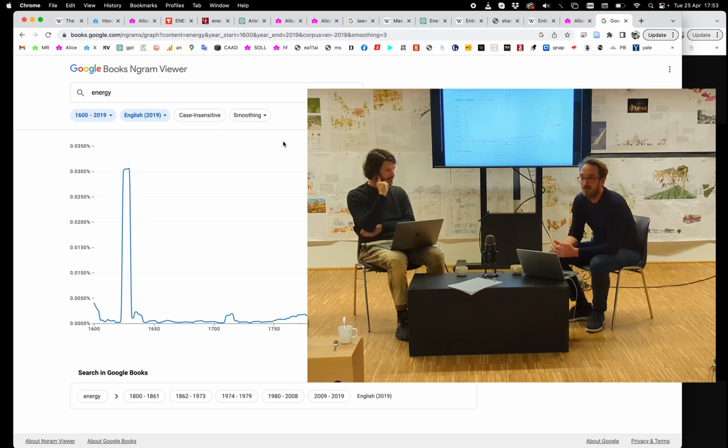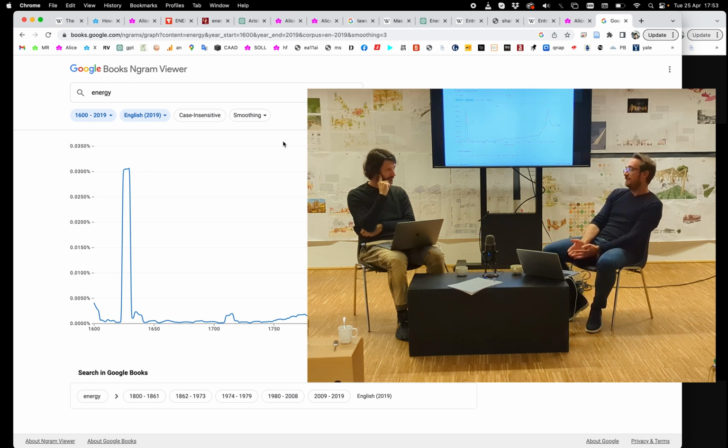Talking about energy consumption is actually a boring thing. It's really much more important to try to understand why objects talk to us, especially when we, as architects, design objects and environments.